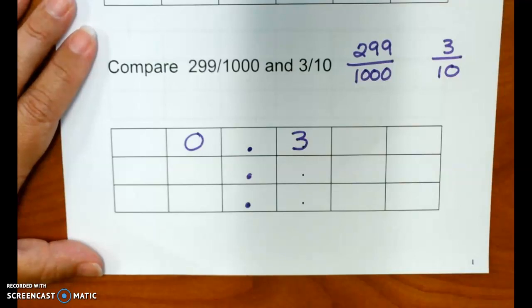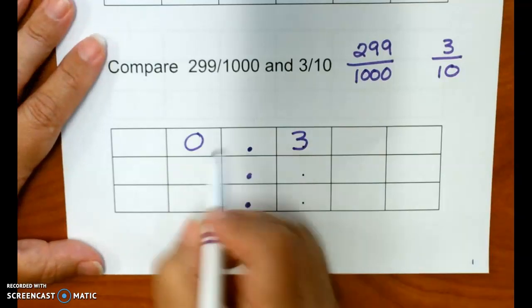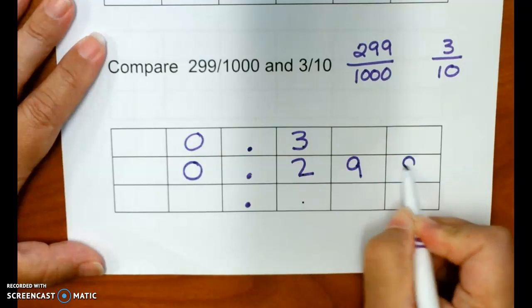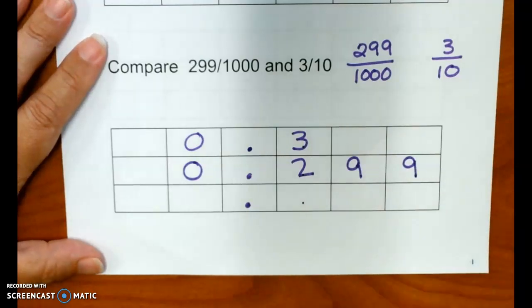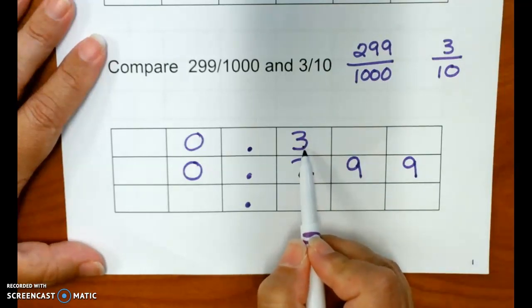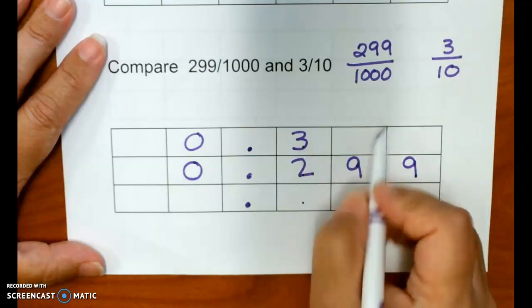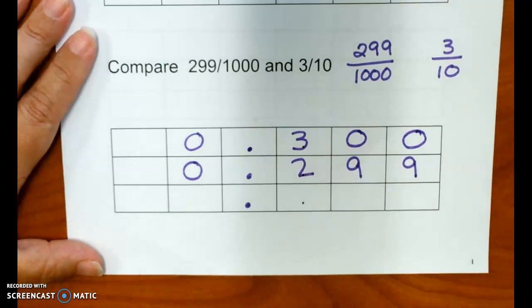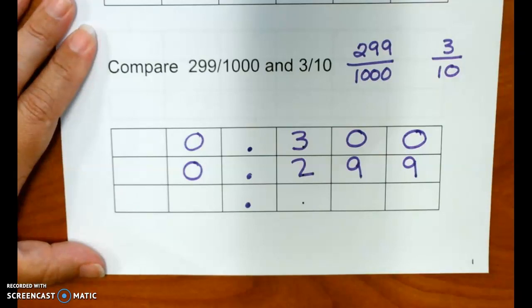Now, if I have 299 thousandths in standard form on my place value chart, it looks like that. Now, I can trade 3/10 for thousandths, and then I have 300 thousandths. So which one is bigger? 299 or 300?